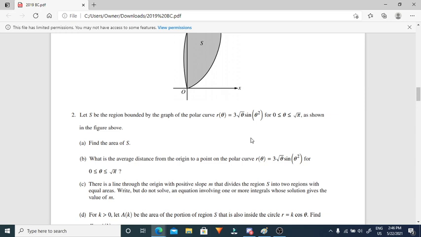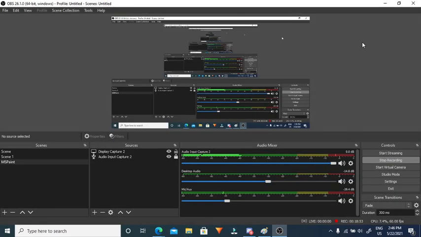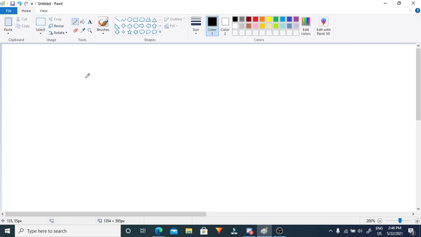So for this problem, we just take the integral of this equation from root pi to 0 and divide by root pi. Sorry, I said root theta. So it becomes the integral from root pi to 0 of 3 root theta of sine theta squared d theta.